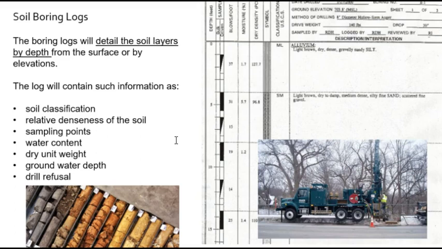This log contains a lot of important information: the different soil types, how they're classified, which is what we just reviewed, the denseness of it, the sampling points where it occurred, the water content, the weight of the soil, and when the drill refused to move any further.